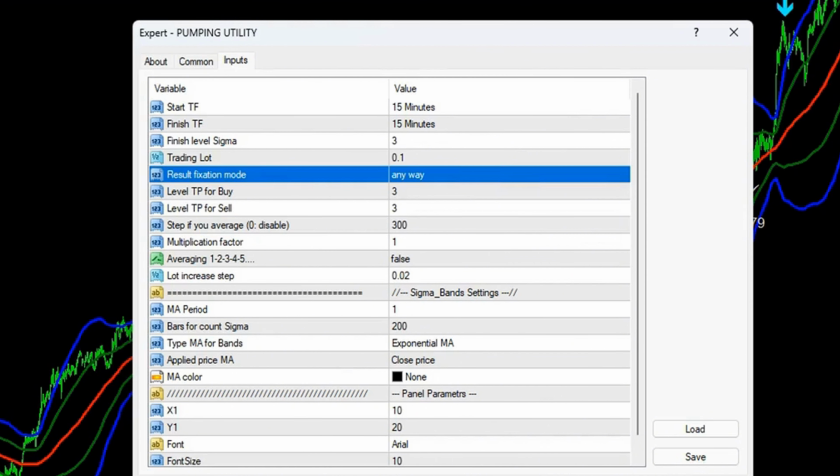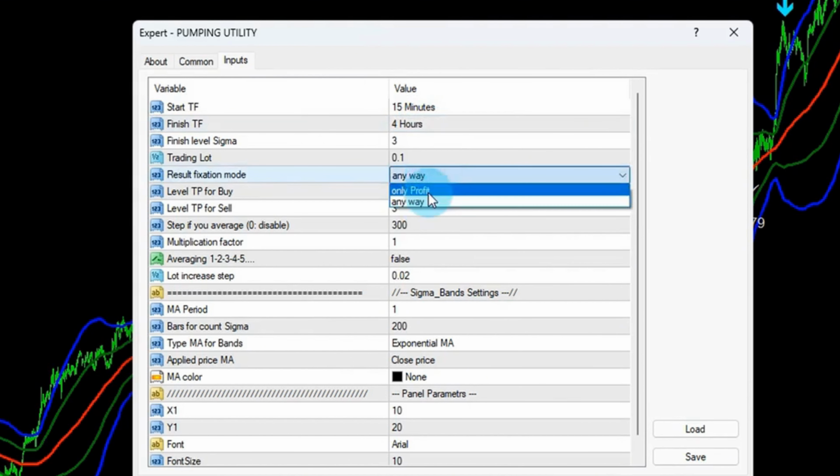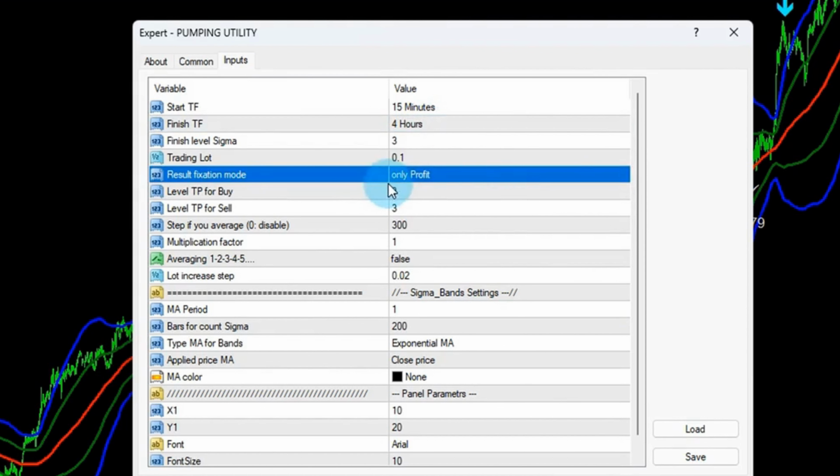If you set the time frame to H4 and close the trade with profit, then the utility, if it cannot close on M15, will continue to explore all the levels that follow on the M15, M30, H1, and H4 timeframes.